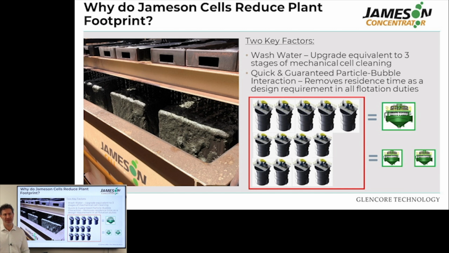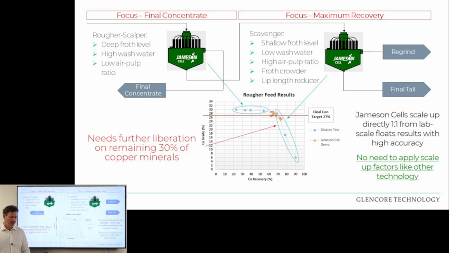Another important feature of the Jameson Cell is the high carrying capacity, which means it can produce much more concentrate on the same footprint than other flotation technologies. So the key takeaways are the wash water capability, and the quick and guaranteed particle-bubble interaction, in other words, the fast flotation kinetics.